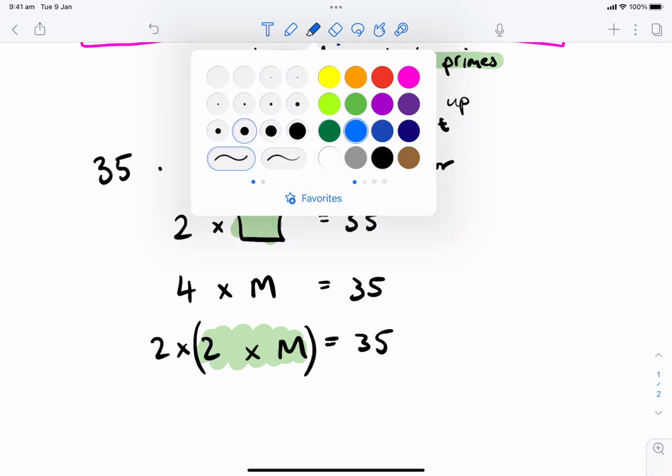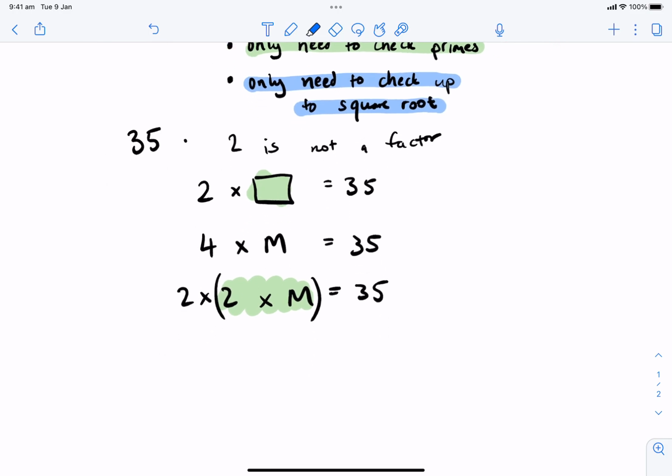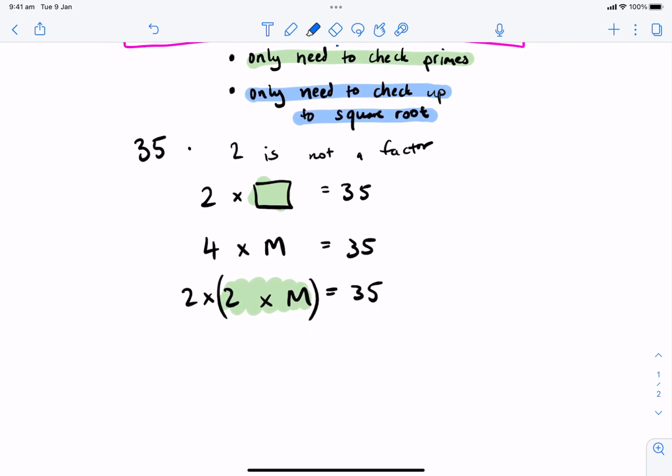The other important thing is that we only need to go up to the square root. Why we only need to go up this far, I'll show with a small number that I know is prime as an example. Take 23. I know that 1 times 23 equals 23, so it always has those factors.